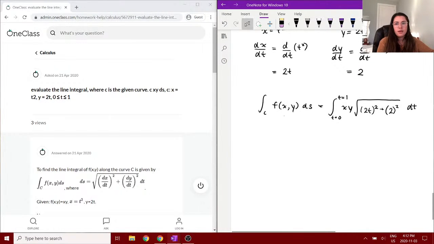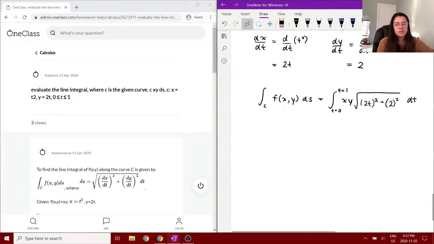Okay. I'm also going to sub in x and y here so that everything that we have being integrated is with respect to t. Makes it easier for us. We don't have to write the t equals every single time.